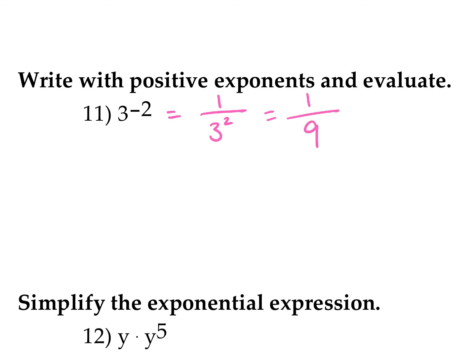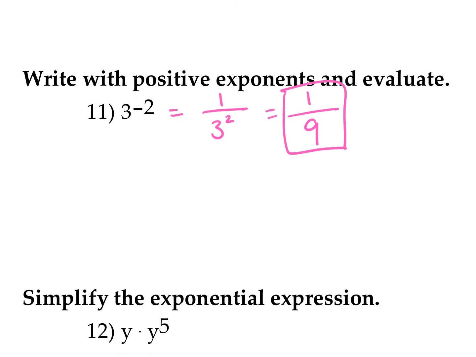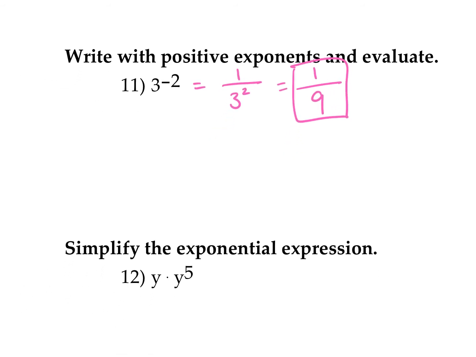It turns into 1 over 9 because 3 squared is 9. So you have to flip it before you evaluate because you don't want to do 3 squared and then forget about the negative. It doesn't make our answer negative. A negative exponent just flips it into a fraction. Any questions there?